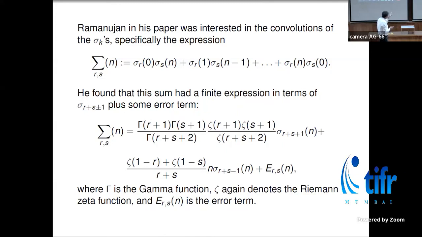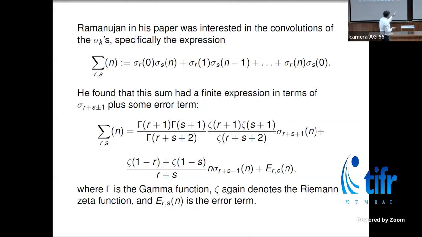Now, typically, one is going to be interested in r and s odd, and this convolved sum in the theory of modular forms is going to come from multiplying Eisenstein series. So anyway, this has something to do with multiplying Eisenstein series in the case when r and s are both odd.